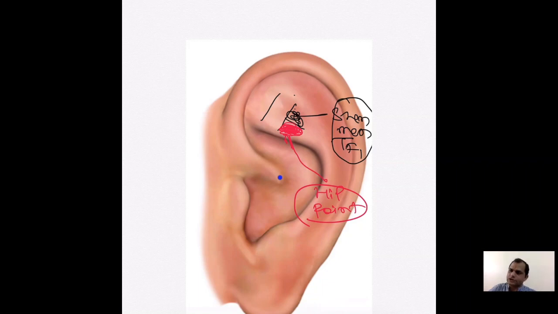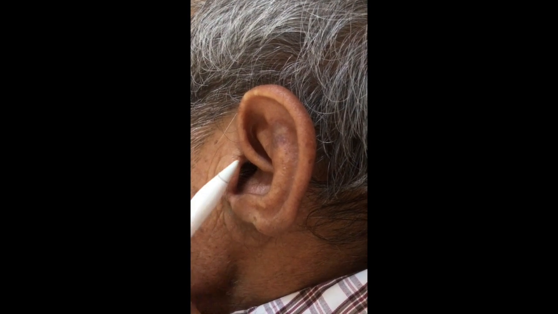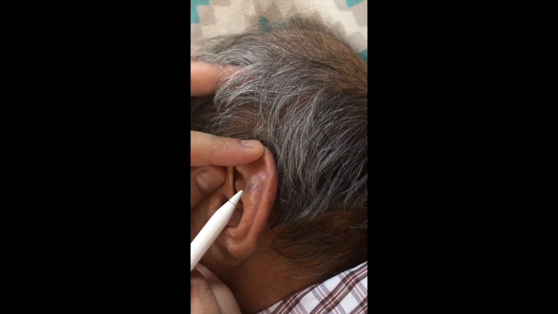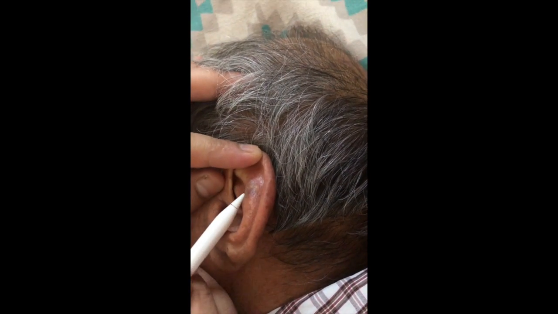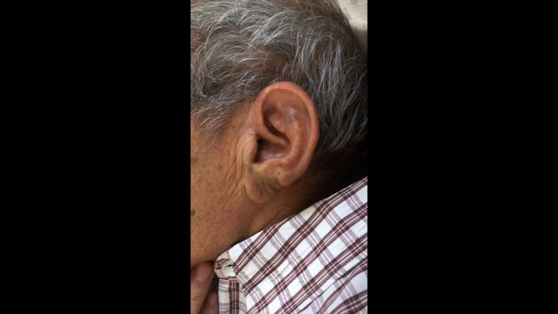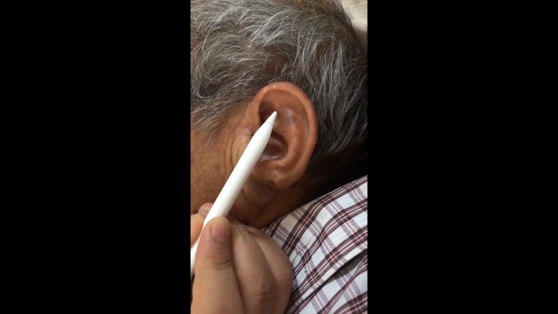So let's see the ear. The triangular fossa, we can see this triangle shaped. This is the triangular fossa. We can first divide the triangular fossa into three parts.